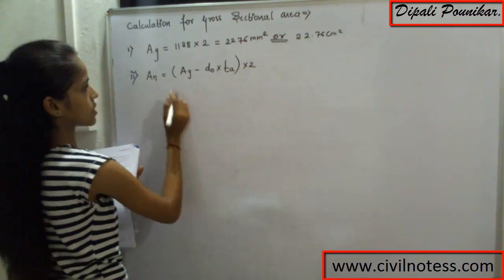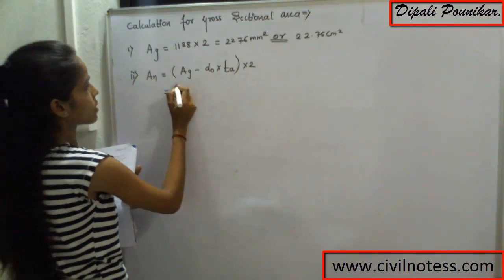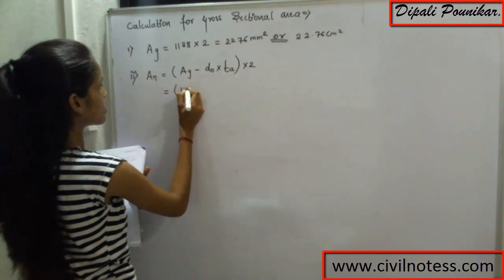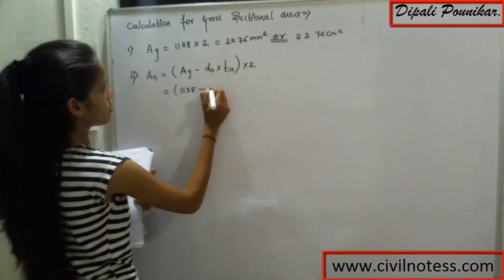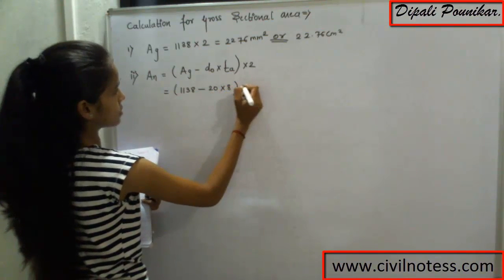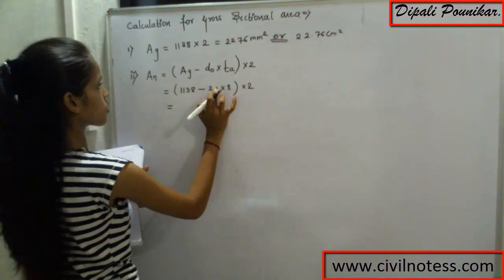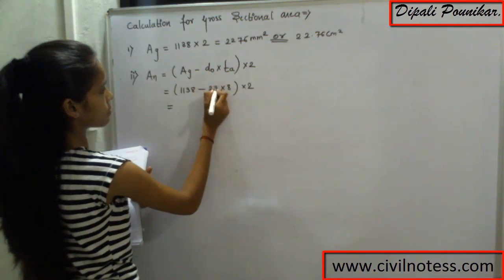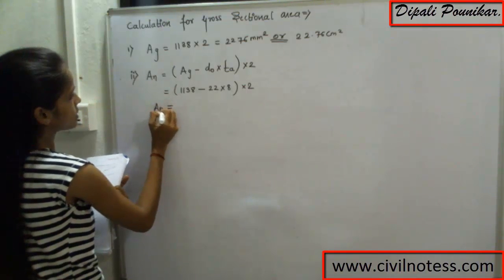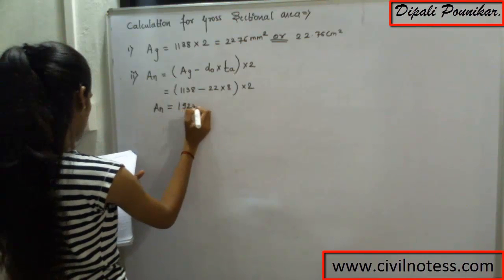For the two angle section, we have to multiply it by 2. AG is 1138 minus 20 into 8 into 2. Sorry, the value of nominal diameter is 22. After putting the values, we get AN equals 1924 mm square.